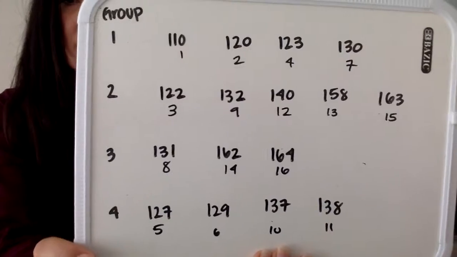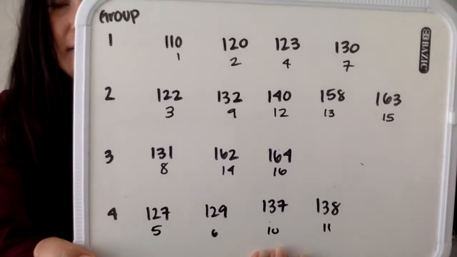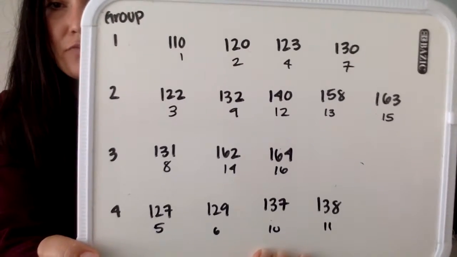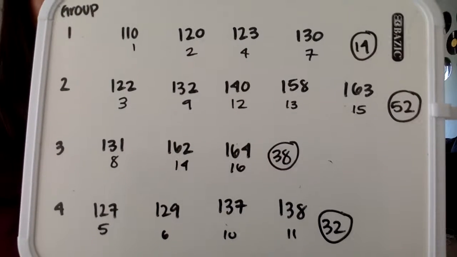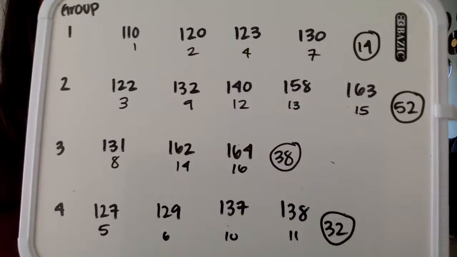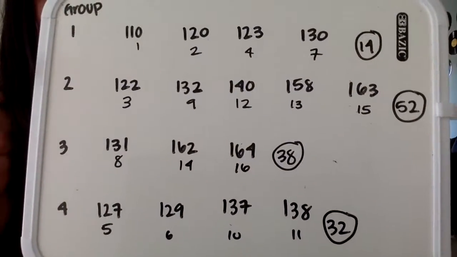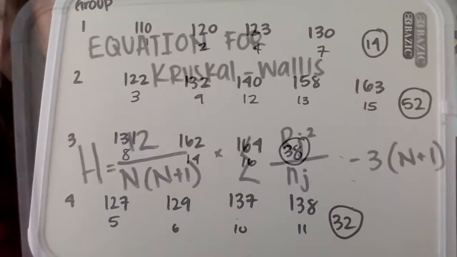Now we need to rank the data. Once our data is ranked, we are going to add the rankings and total each row. Now that we have our total for each ranking, we're going to plug these rankings into our equation.